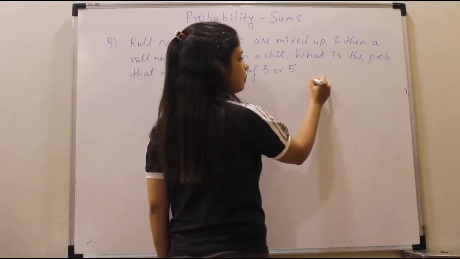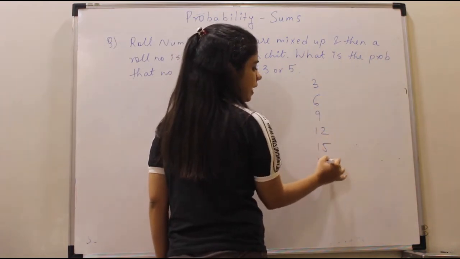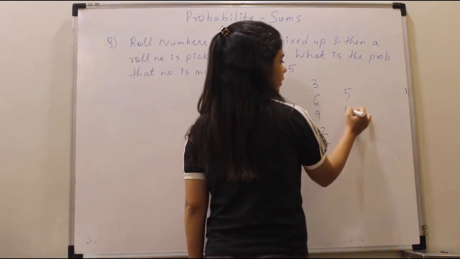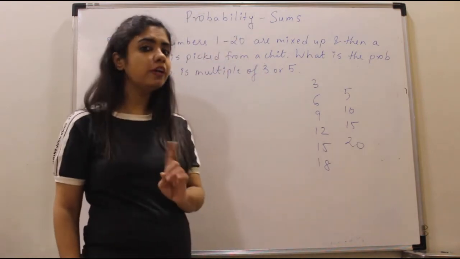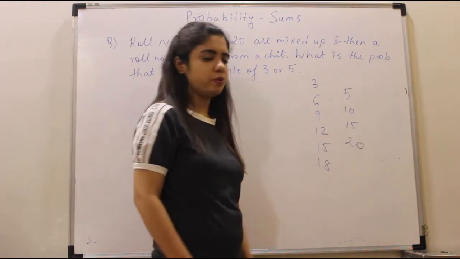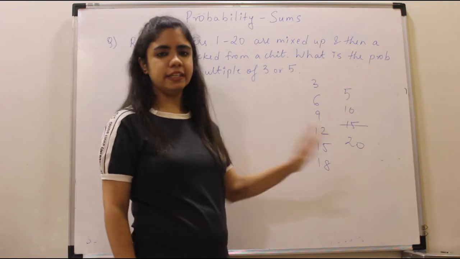The multiples of 3 will be 3, 6, 9, 12, 15, 18. Correct? Multiples of 5: 5, 10, 15, 20. But be careful. Don't repeat the numbers. For example 15 comes here also, 15 comes here also.